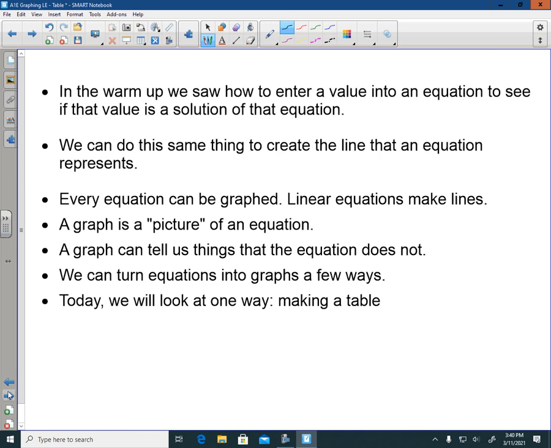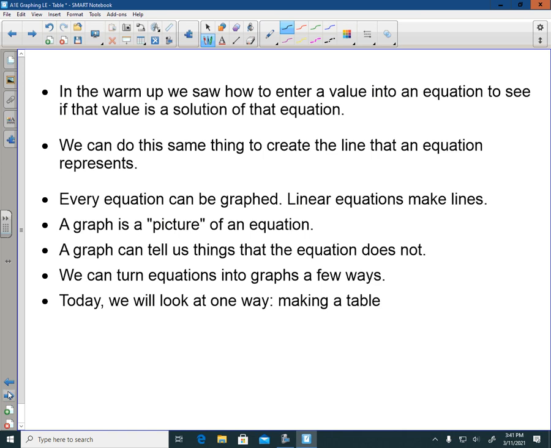So in the warm-up, we saw that we could enter a value into an equation and see if that value is a solution. So if we're being told that x has a particular value, we can plug that into an equation and see if it works. We can do the same basic idea to create the line that an equation represents.